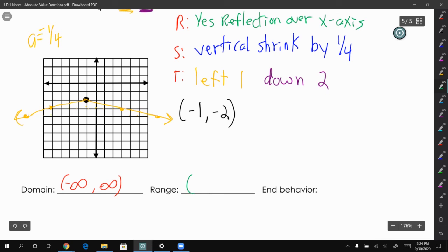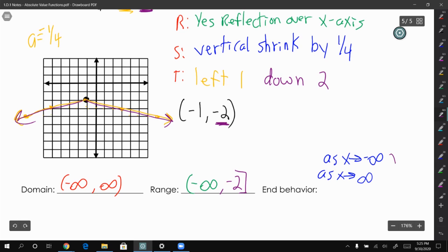Because our graph is opening down, the smallest y value will be negative infinity, and the largest y value will be the y coordinate of our vertex, which is negative 2. So then our end behavior, as x approaches negative infinity and as x approaches positive infinity, both ends of this are going down. Our arrows are going downwards. So y approaches negative infinity, y approaches negative infinity.